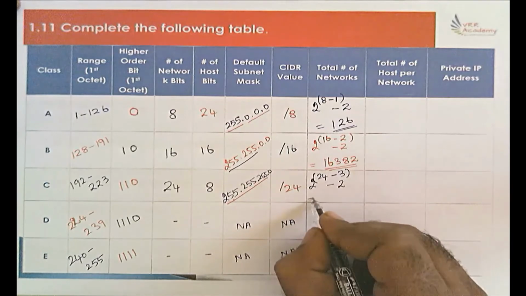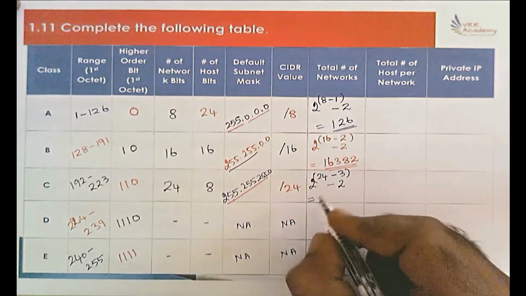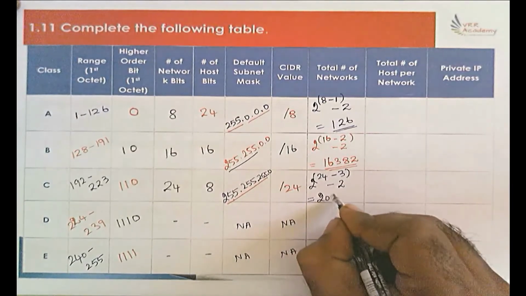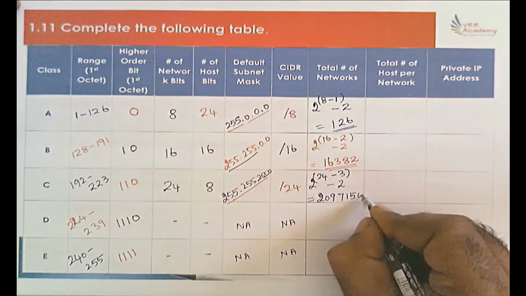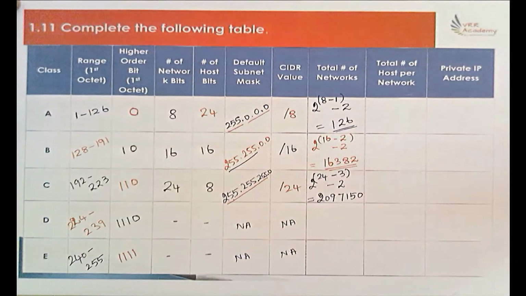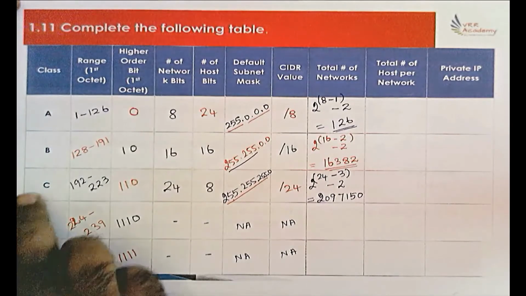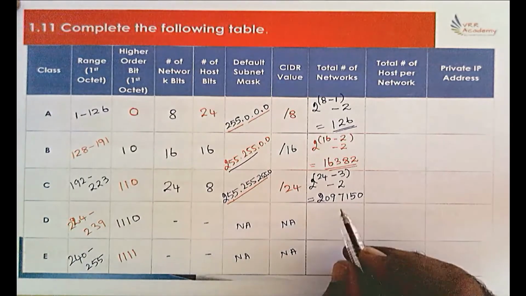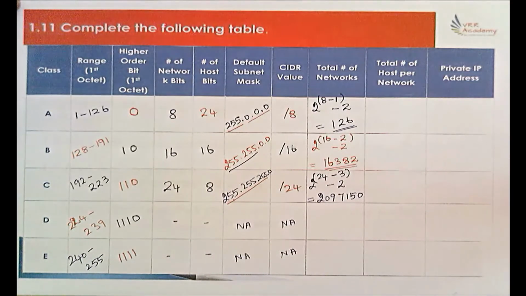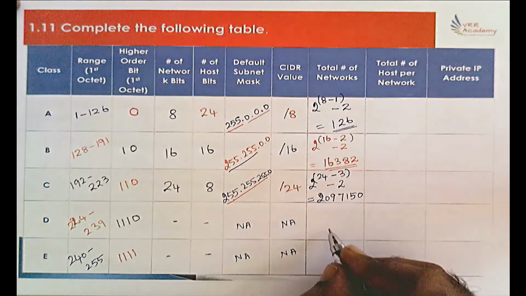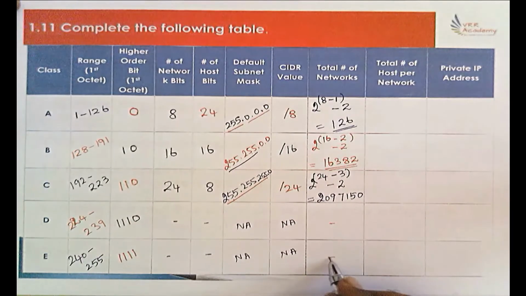If you simplify this, the answer is 2,097,150. So this many networks you can have in class C. Class C is providing us 2,097,150 networks. For class D and class E, we cannot find this, it is not applicable here.